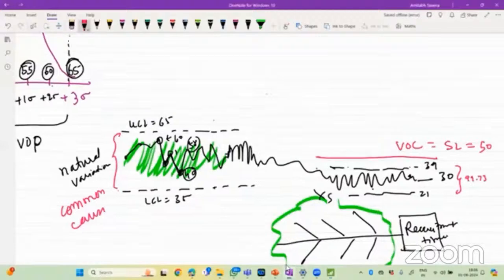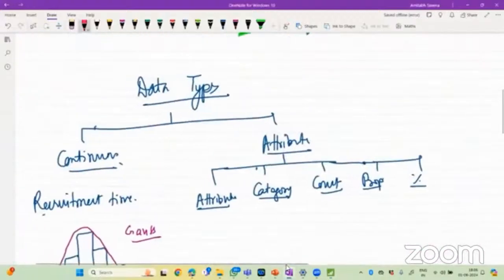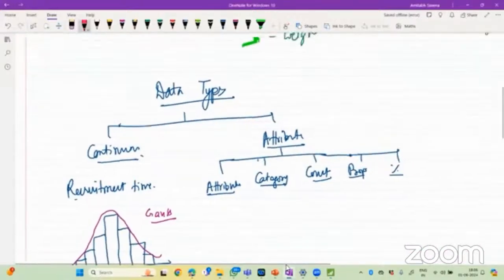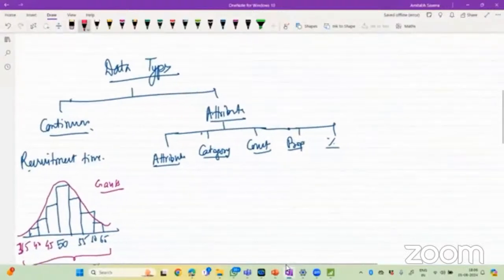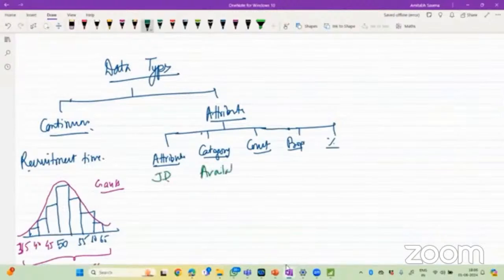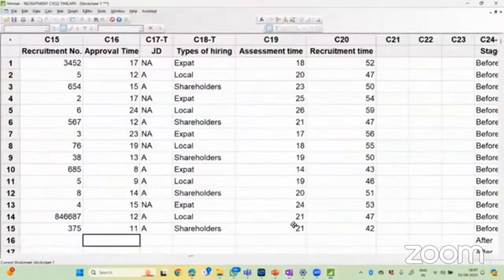So now let me take you back. There are 2 types of data. When I've got attribute data, let's say job description available, not available, how many times it was available, how many times it was not available.